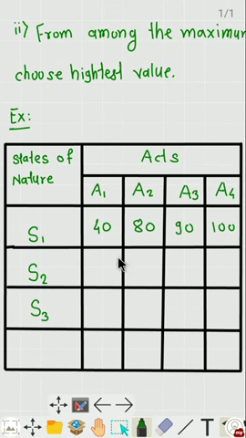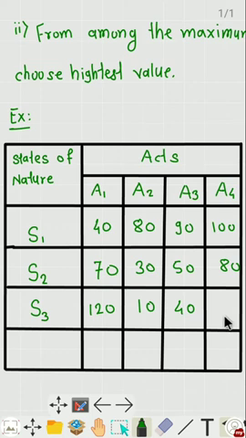These are the profits. We get a profit of 40. For this state of nature, if we perform this act, we get a profit of rupees 70. So these entries are the profits. I am writing here all these profit values: 120, next is 10, next is 40, next is 20.